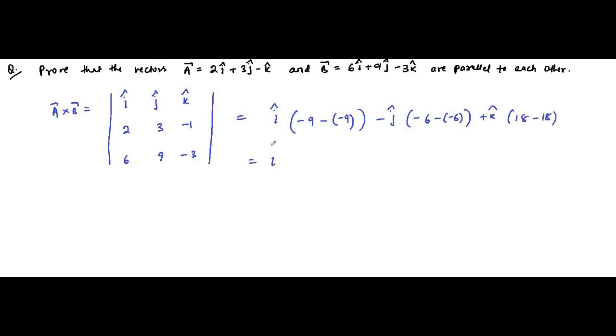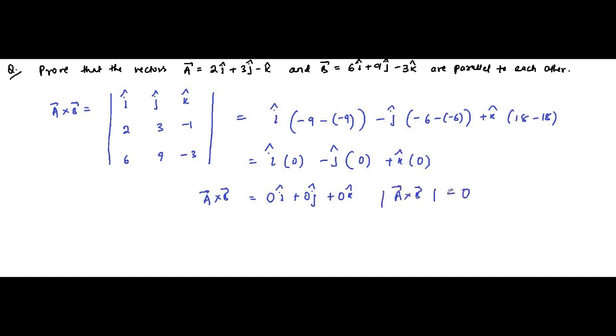So here it is i cap, minus 9 plus 9, which is 0, minus j cap, minus 6 plus 6, which is 0, plus k cap multiplied with 18 minus 18, which is 0. So a vector cross b vector is 0 i cap plus 0 j cap plus 0 k cap. Its magnitude is also 0.